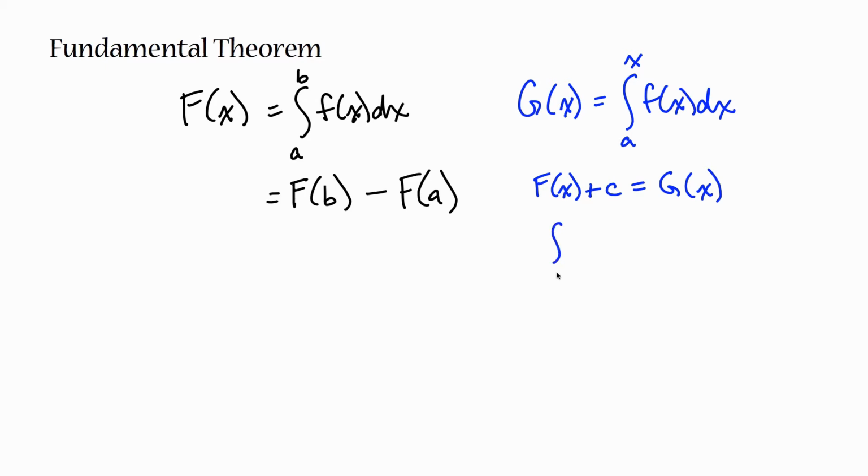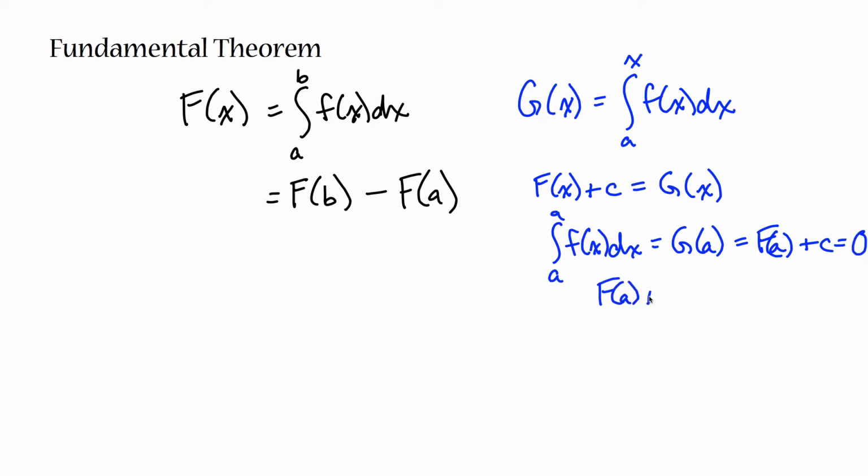So now I'm going to define at a the integral between a and a of f of x dx. Well, that's g of a, which is also f of a plus c, which is also equal to 0.